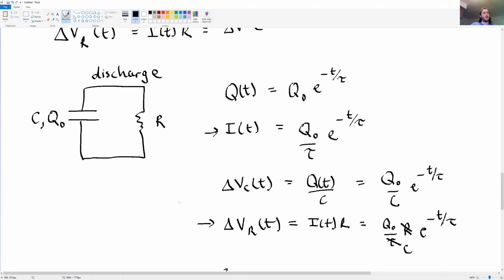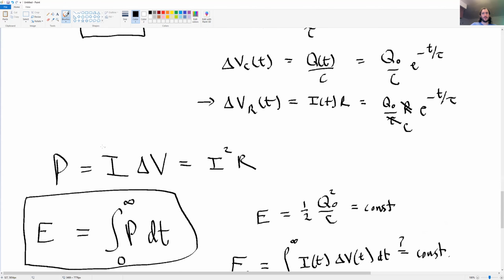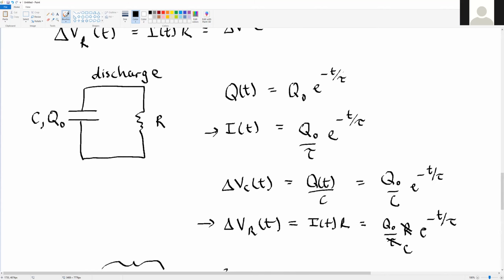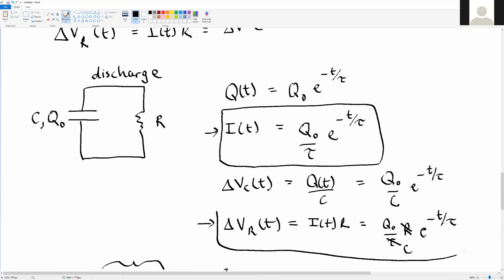So the power is I times delta V, right? So these are functions of time. So then, if you did the integral of P, would you just get Pt? So I have to take this function here and multiply it by this function. That's P.